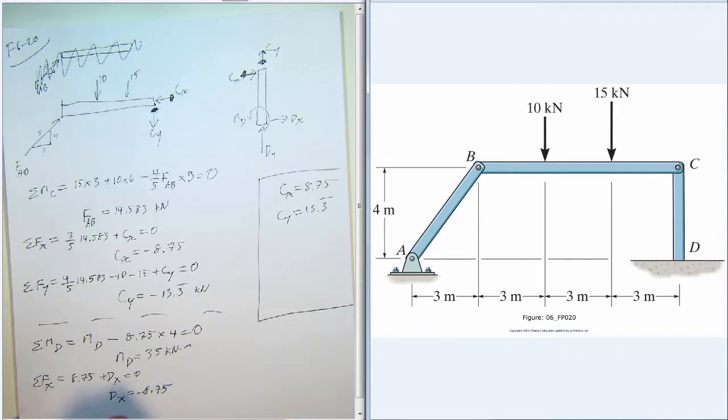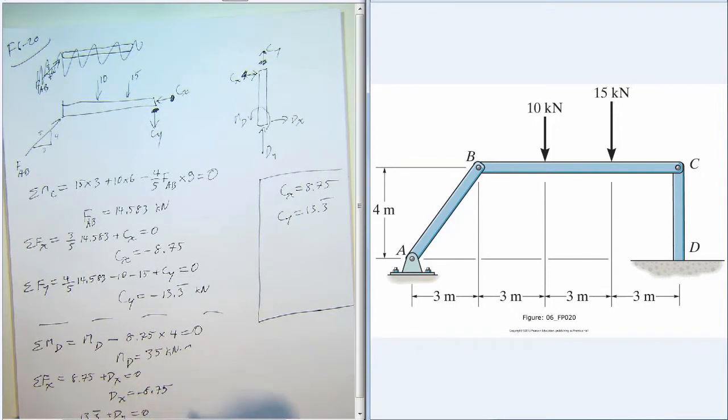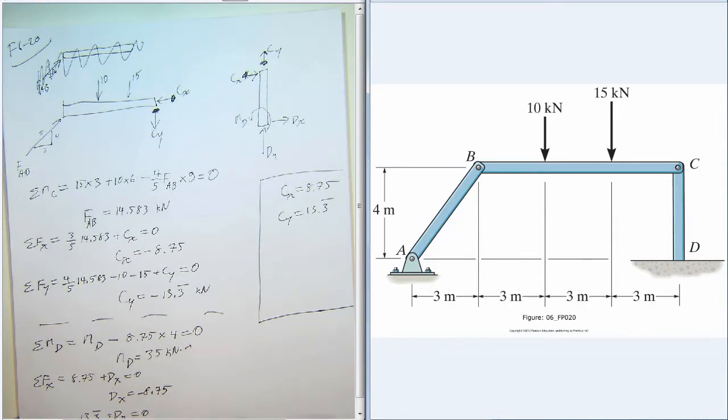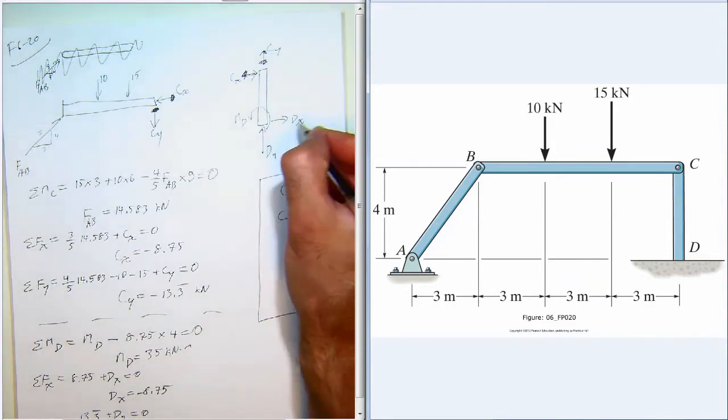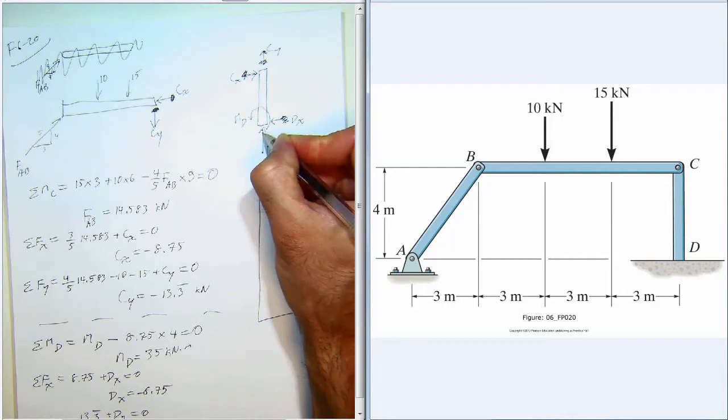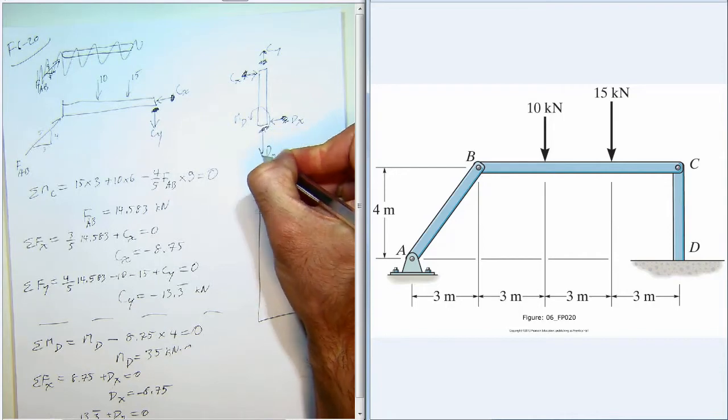And forces in the y equals 13.3 repeating plus Dy, and that's equal to 0, so Dy is negative 13.3. So Dx actually points to the left, and Dy actually points down.